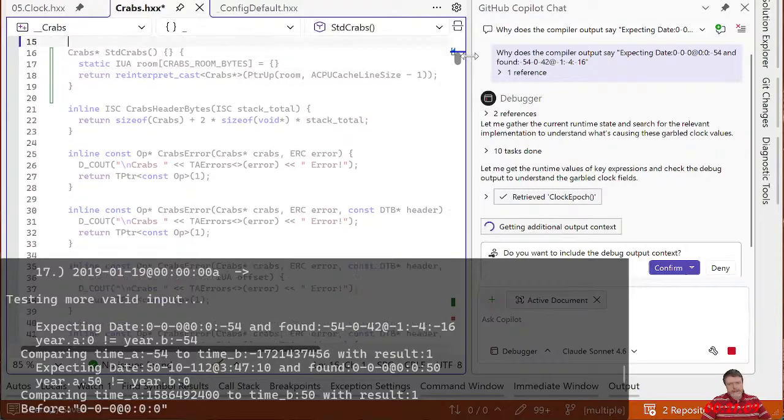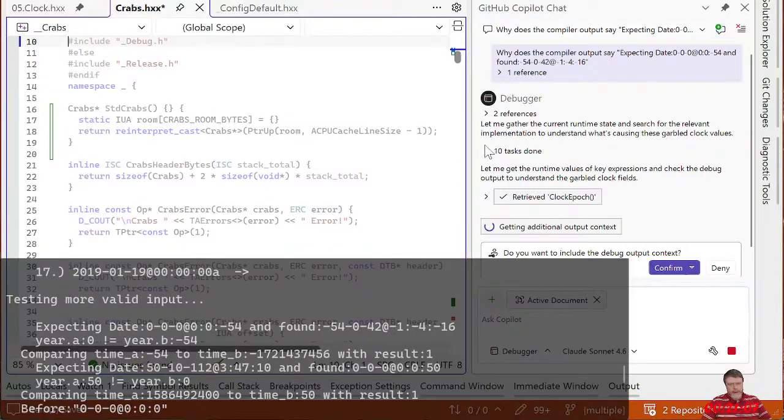Reinterpret cast. Not really doing a whole lot other than that. We're just aligning. We're going to the base of this. We're word aligning up to a 64 byte boundary. Oh, wait, hold on. 64 bytes. Cache line size 63. Yeah, that's what I want.